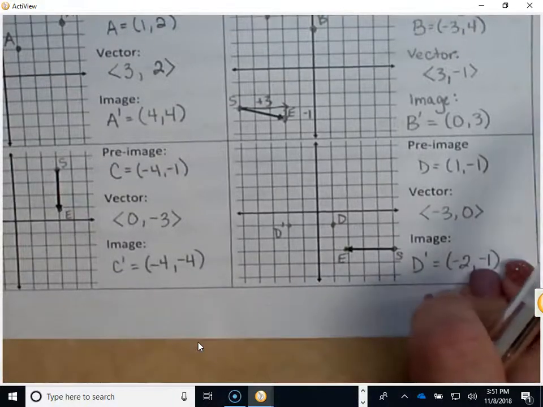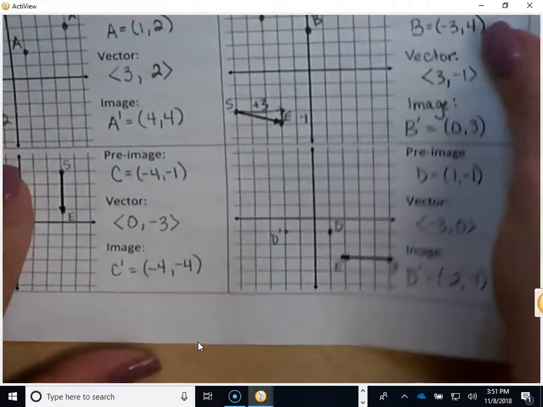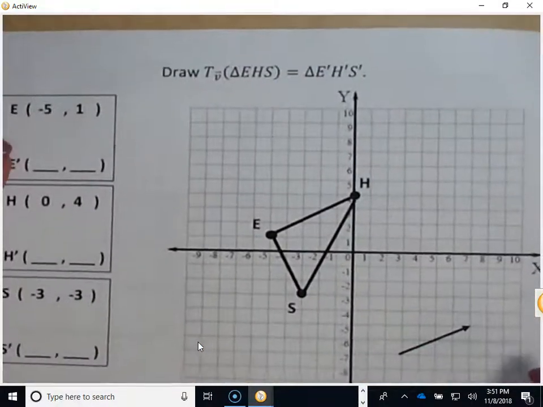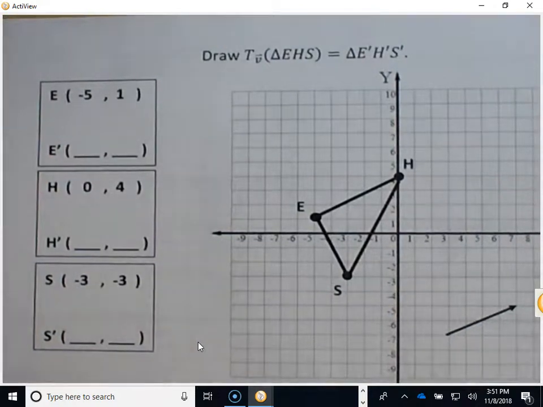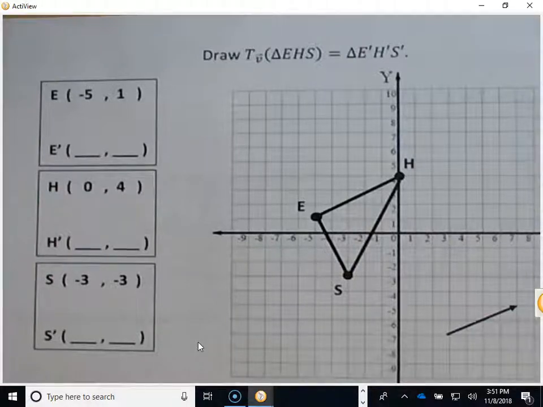Alright. On your next page, instead of just points, we're going to have whole figures, in this case a triangle. And then you see the notation at the top. We've talked about using lowercase r for reflection, uppercase R for rotations, and for dilations it would tell us the scale factor by using k.